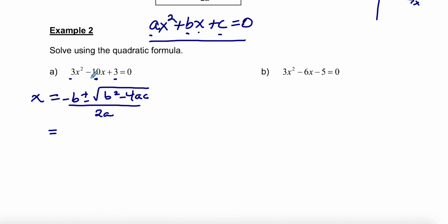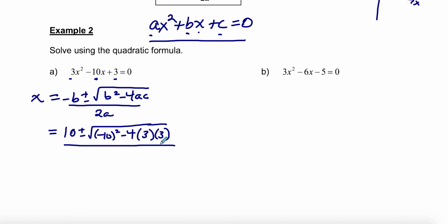So if we have a -10 and we sub it in for -b, it would look like -(-10), which would end up in this case just being 10, plus or minus the square root of b is -10 squared, minus 4 times the a, which is 3, times the c, which is 3. You don't bring any variables in, you just replace with numbers, times 2a, a is 3.